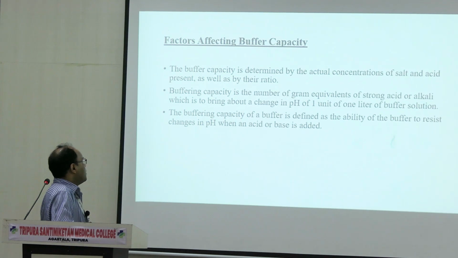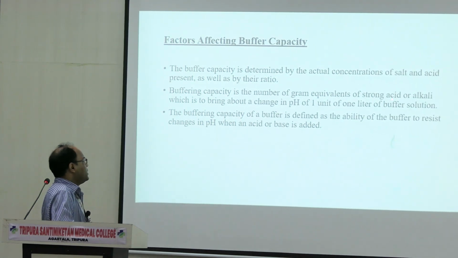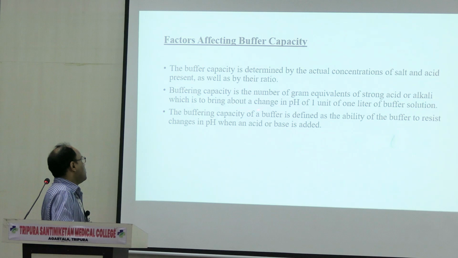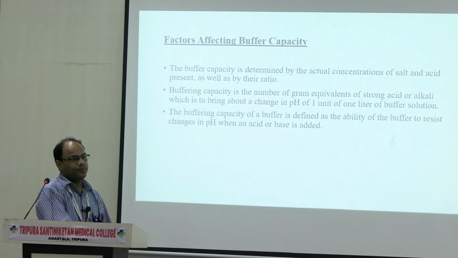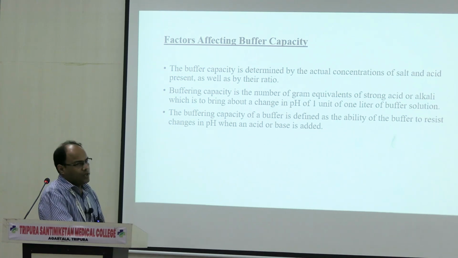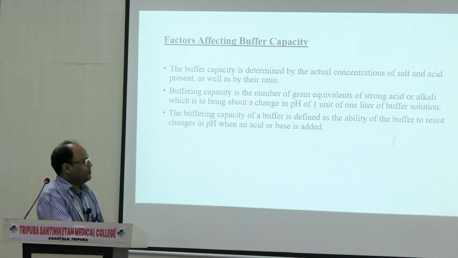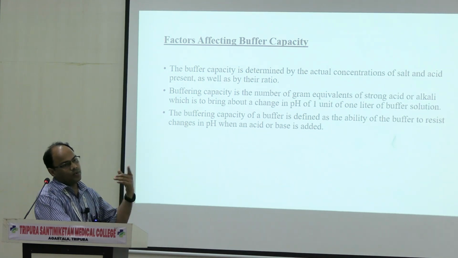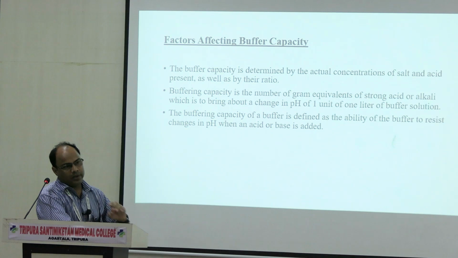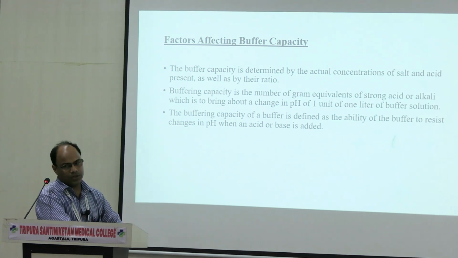Buffering capacity is the number of gram equivalents of strong acid or alkali which brings about a change in pH of 1 unit. I forgot to mention 1 unit. Say you are given a solution of pH 7, and you have to change it up to 8 after addition of a strong alkali like sodium hydroxide.